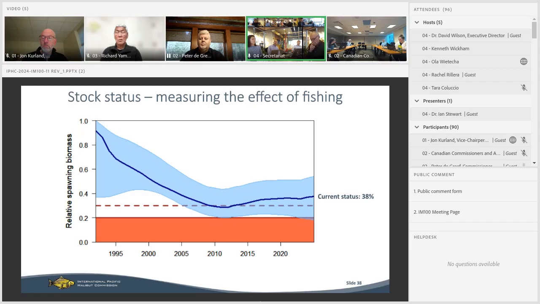As of the beginning of 2025, we estimate that the current status is at 38% of the unfished biomass, with a very broad confidence interval. You see that blue interval there actually extends below our B30% threshold, and even slightly below our B20%, which is our conservation threshold. So there is some small amount of probability that we are even below our conservation threshold as of the beginning of 2025.